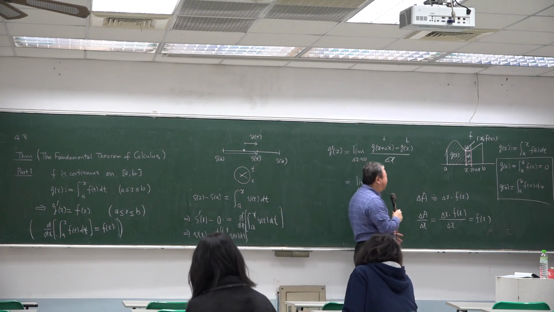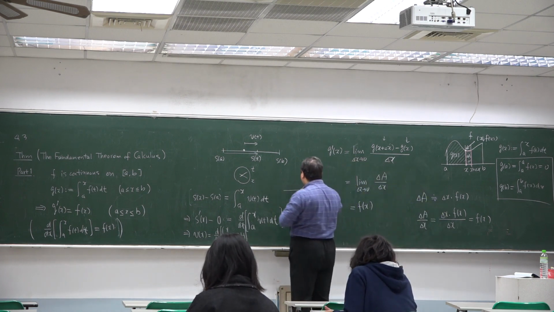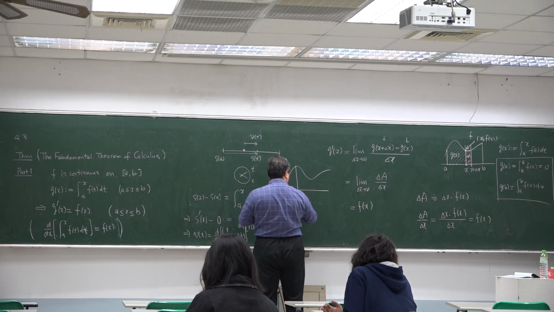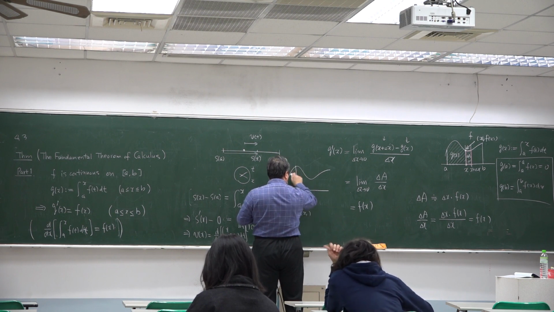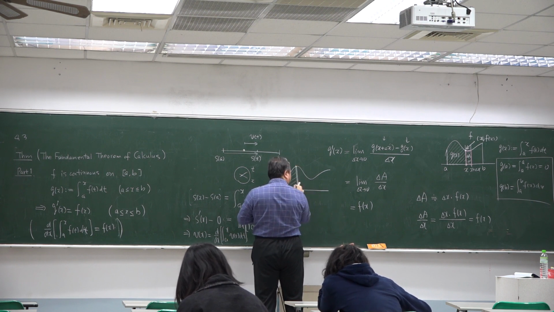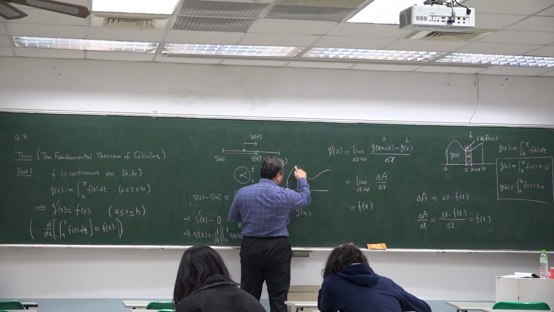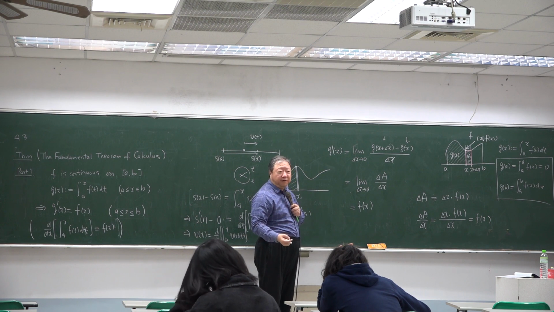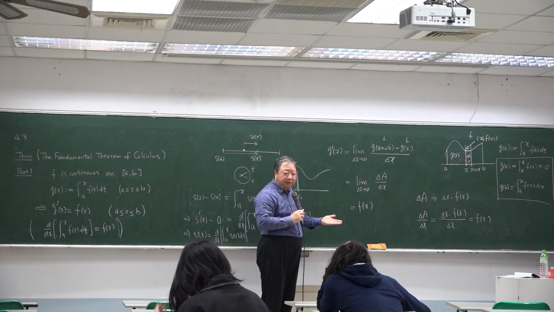For example, at x1, g prime at x1 means the rate of change of this area with respect to x1. The area of this rectangle divided by its base is exactly the height, because we already learned how to find the area of a rectangle: base times height.